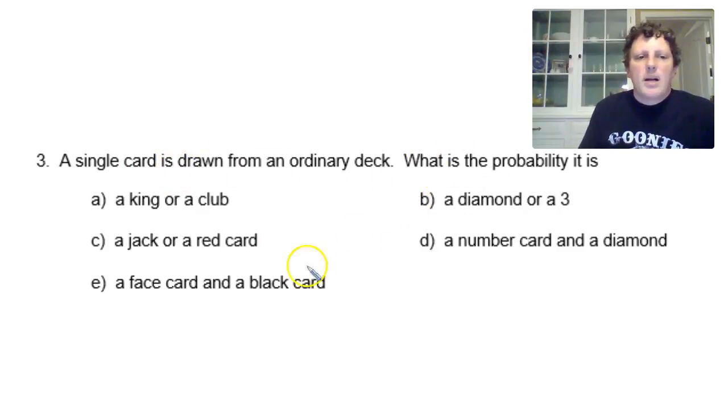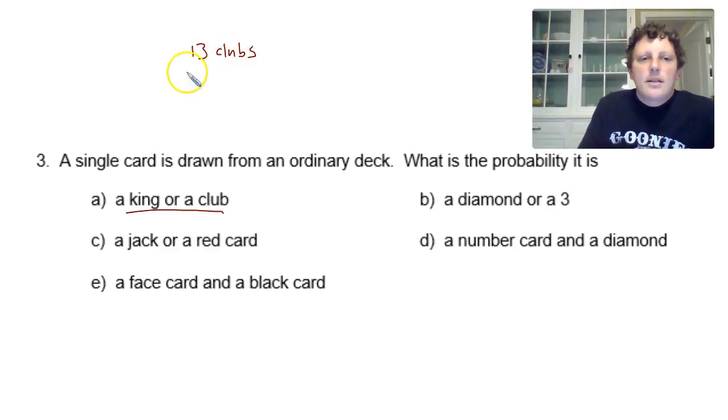All right, a single card is drawn from an ordinary deck. Just one card. What's the probability that it is a king or a club? Well, if we think about the deck of cards, 1/4 of them are clubs. There are 13 clubs, and in those 13 clubs, one of them is a king.